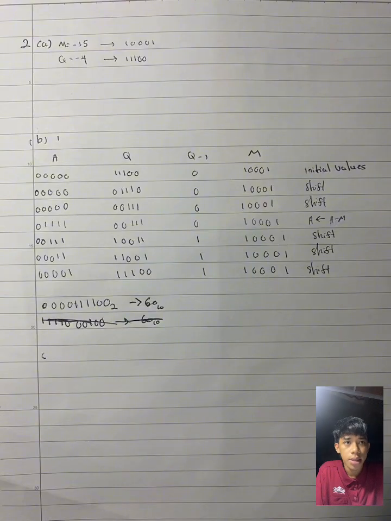The rule is, if Q0 and Q minus 1 are 00 or 11, no operation, just shift right. If Q0 and Q minus 1 are 10, perform A equals A minus M. If they are 01, perform A equals A plus M. Then we arithmetic shift right the combined A and Q registers by 1 bit.